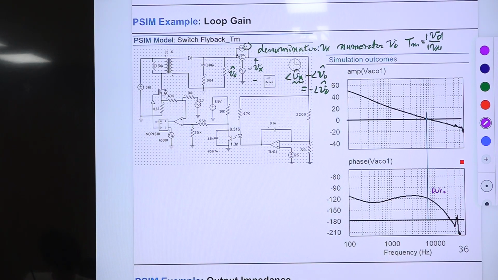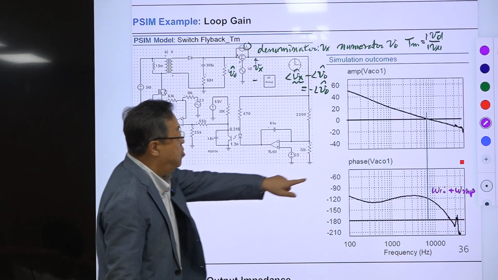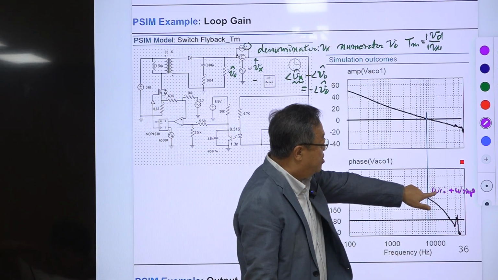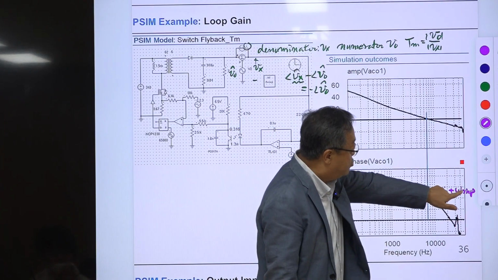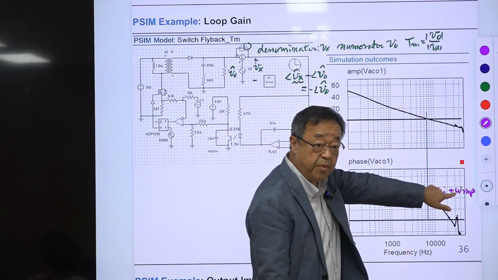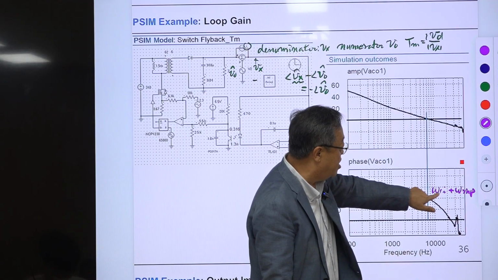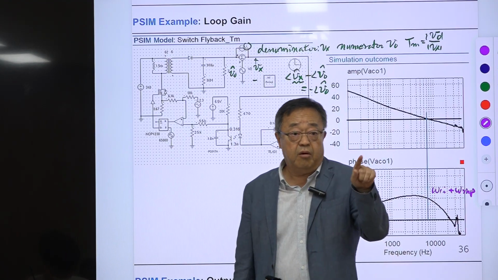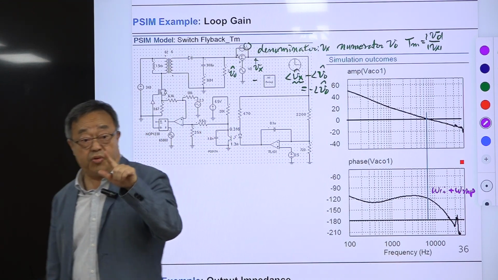This is a pole, omega Ci, plus we have omega RHP, which is a zero, located at this frequency. So this will introduce 90 degrees of phase delay, and this will introduce another 90 degrees of phase delay. And the slope of this phase delay is minus 45 degrees per decade.